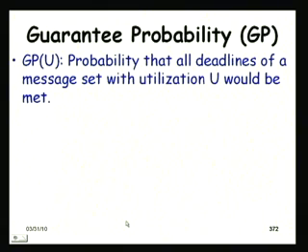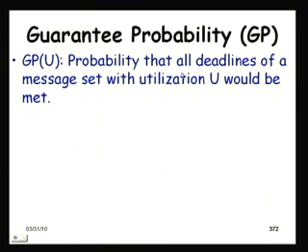Now, let us look at the other metric that we are going to use, the guarantee probability. The guarantee probability at a utilization value. So, the guarantee probability is always defined with respect to a utilization value. When the network has a certain utilization, then what is the probability that all the deadlines are met?